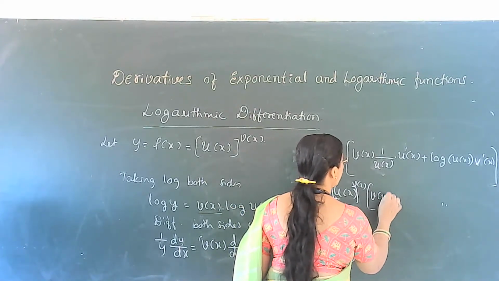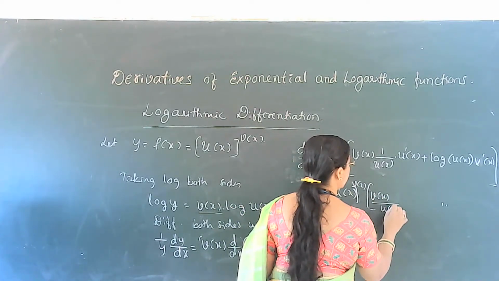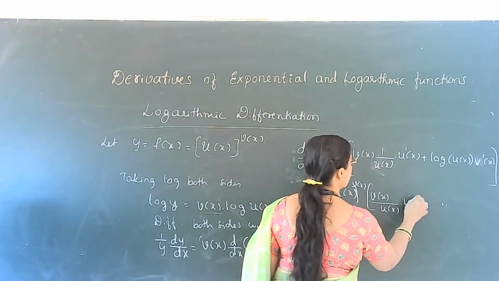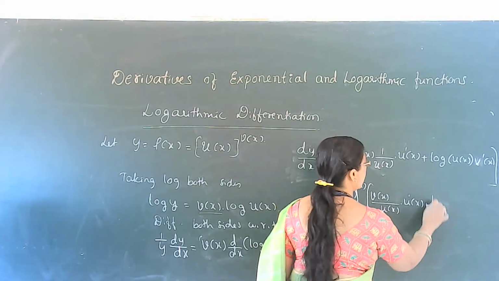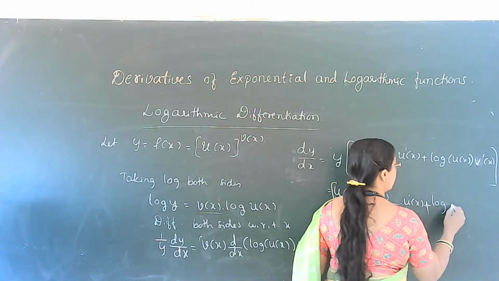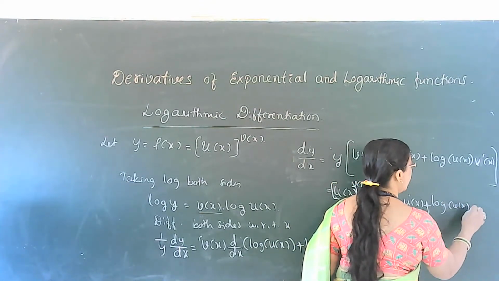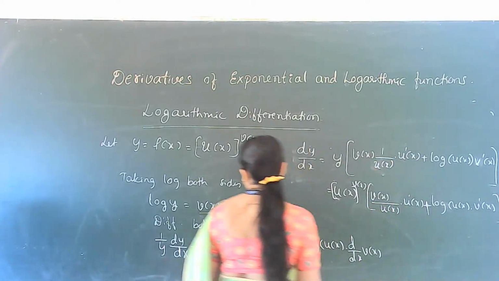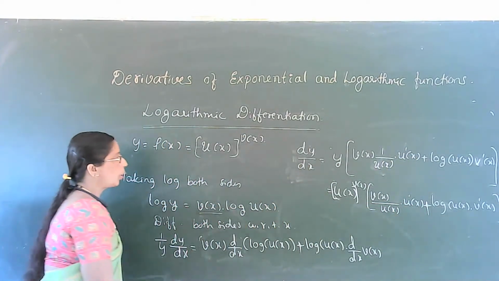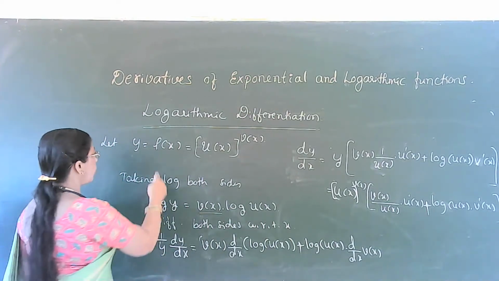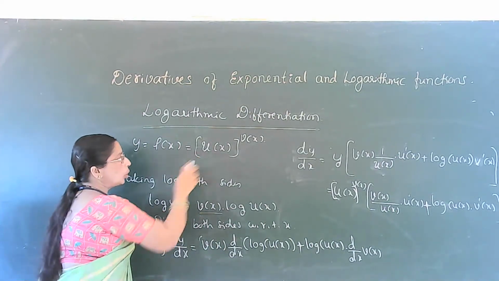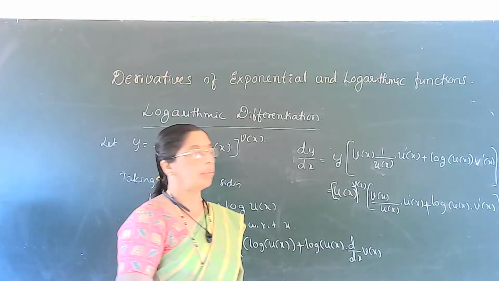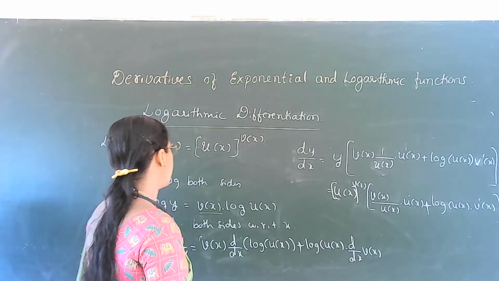To find the derivative of the function, u of x into v dash x. This is the method to find the derivative of functions like u to the power x and v to the power x.